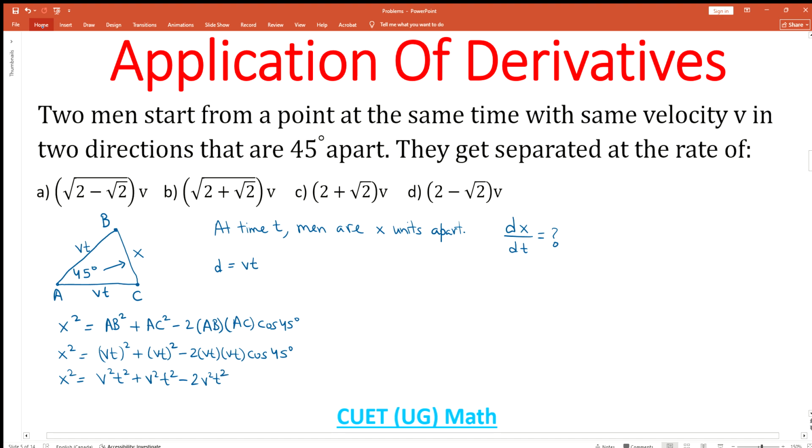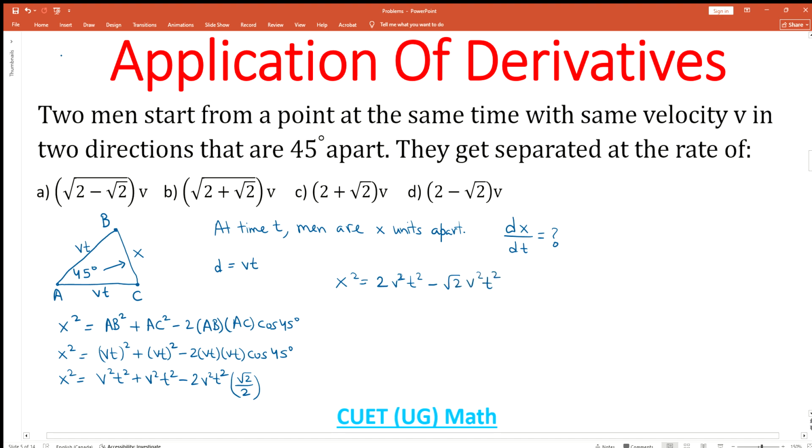Cos 45 degrees is equal to square root of 2 over 2. We can simplify this equation. v squared t squared plus v squared t squared is equal to 2v squared t squared. In the last term, 2 times square root 2 over 2 is equal to just square root 2. So we get square root 2 v squared t squared.